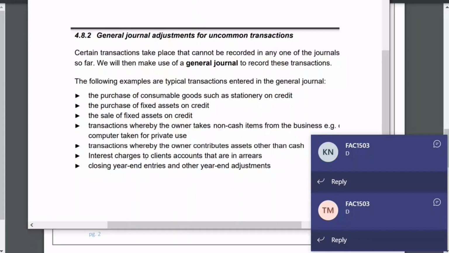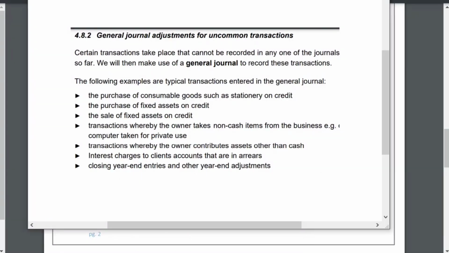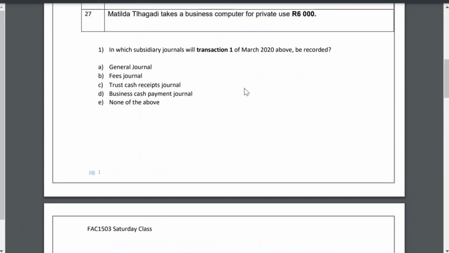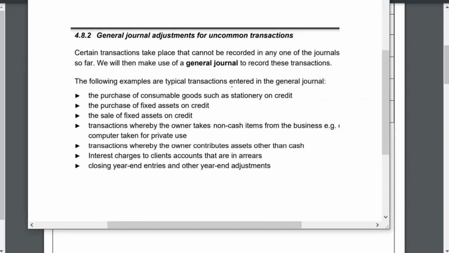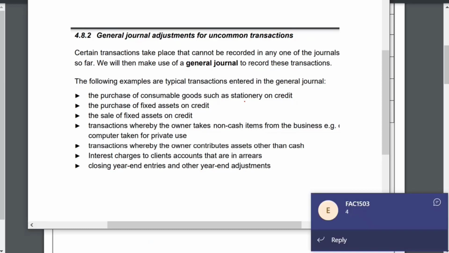It is D because, let's look at it. Matilda Tlhagadi takes a business computer for private use. Because we said it's the general journal, in which bullet point does it form part?